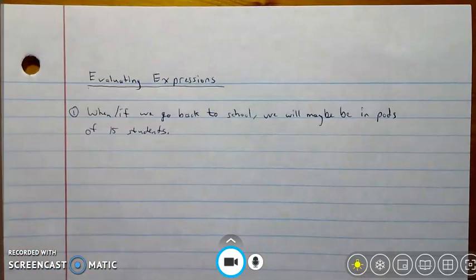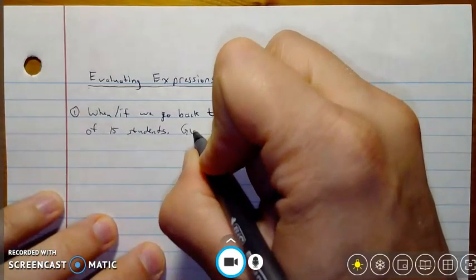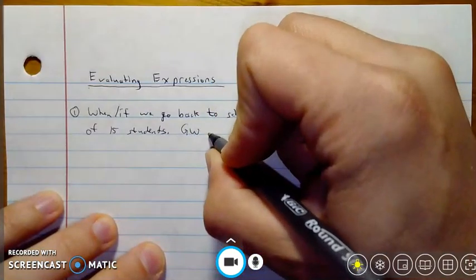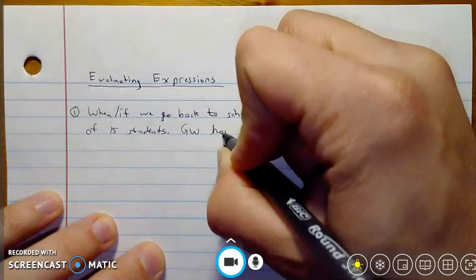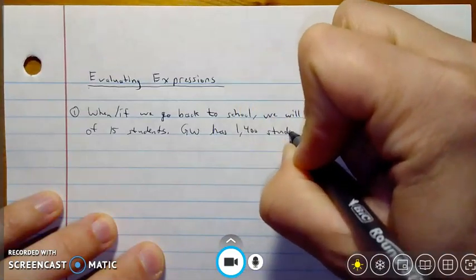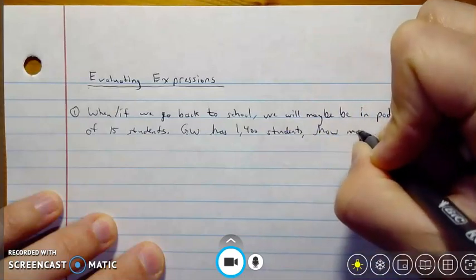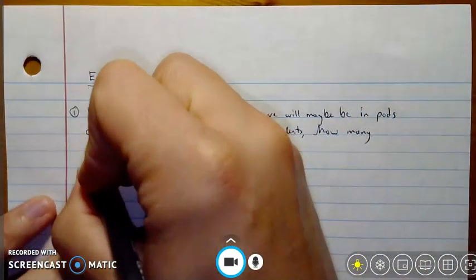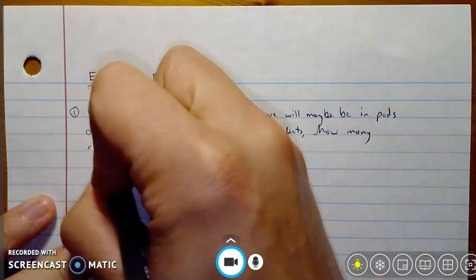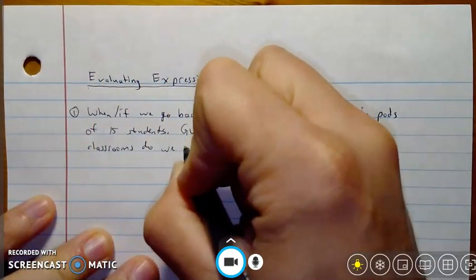So that's our situation. The question is, since Washington, or since GW has 1,400 students, how many classrooms do we need?